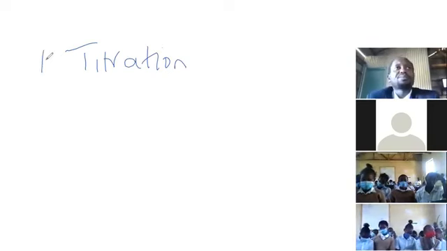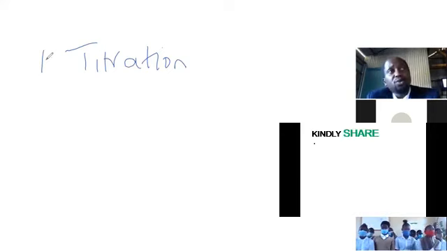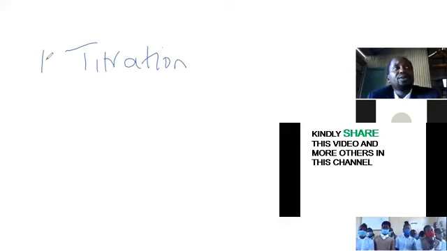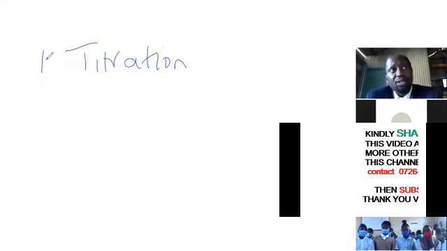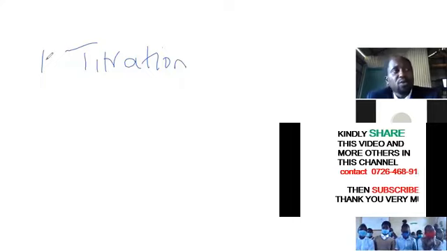Now titration, in the last 22 years, titrations have been examined 16 years out of the 22 years. So you can know in terms of probability how it may be probable to always meet a titration question in a practical.